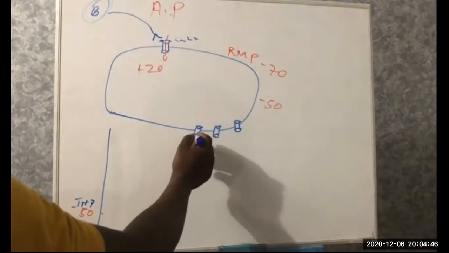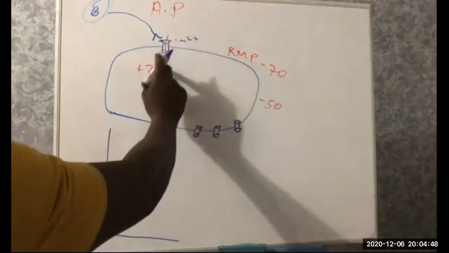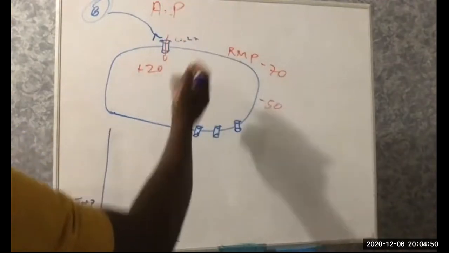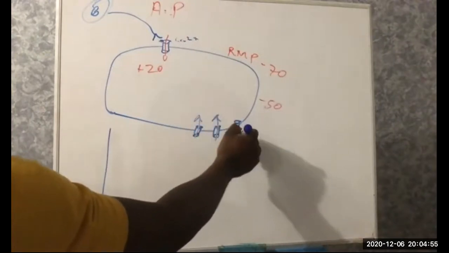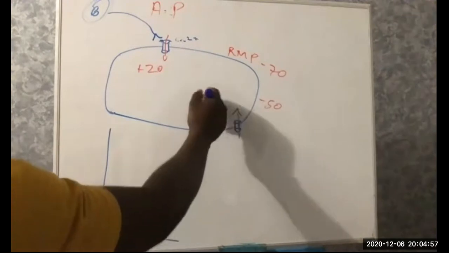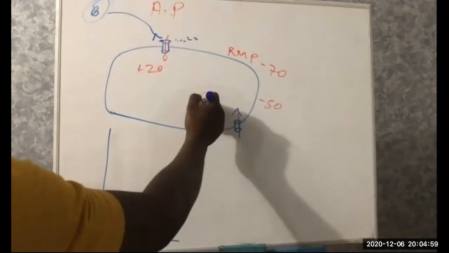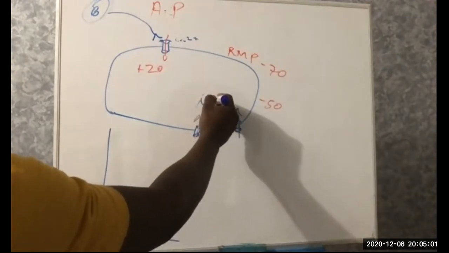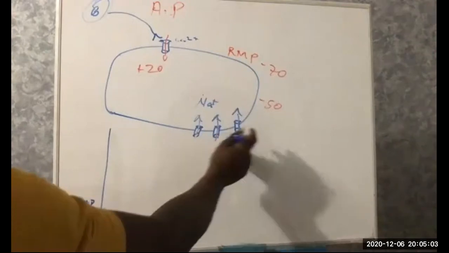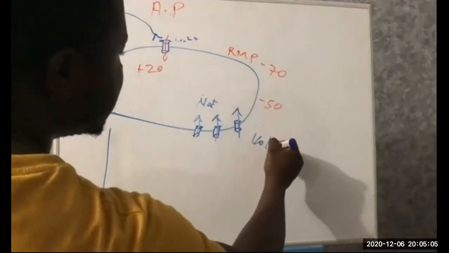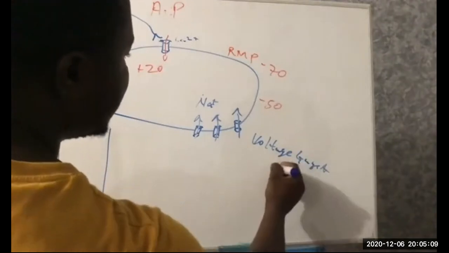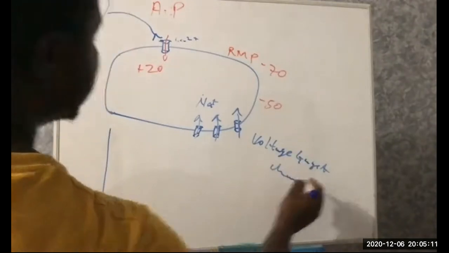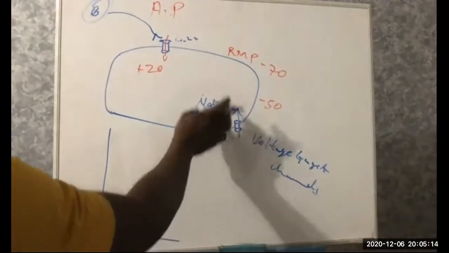Sometimes it may be calcium here, it may not be calcium. If these open, sodium or any positive ions may come inside, a lot of them, through sodium channels. These are called voltage-gated channels, which allow more positive ions to come in.